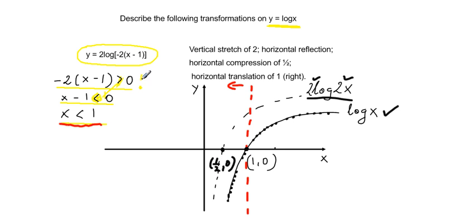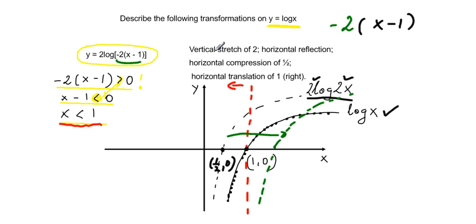Okay. Then this transformation x minus 1 would shift the entire graph 1 unit to the right. Okay. And finally, the -2 in front of x in this formula defines the horizontal reflection.